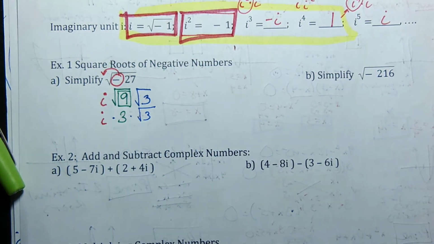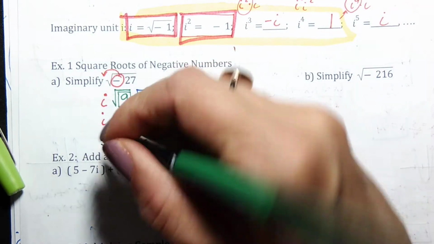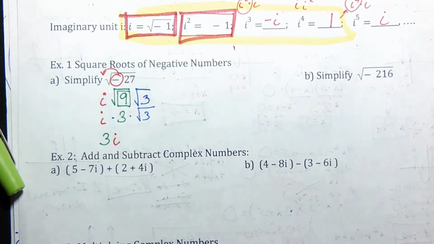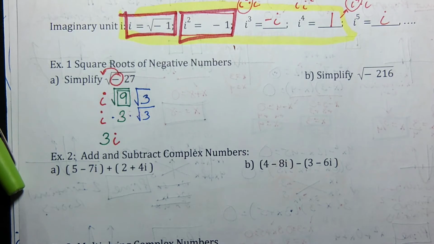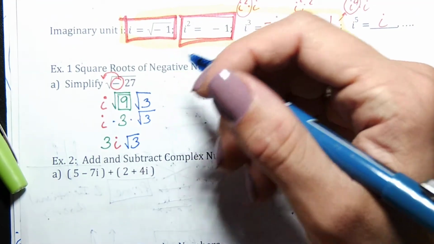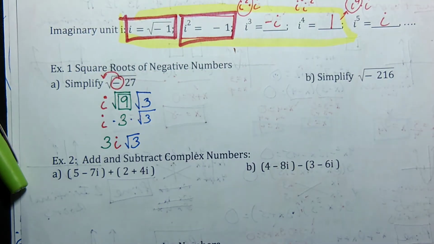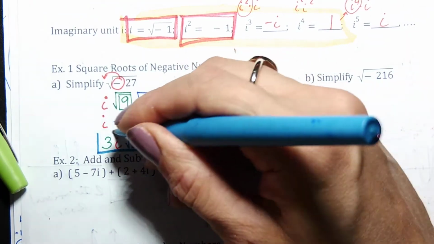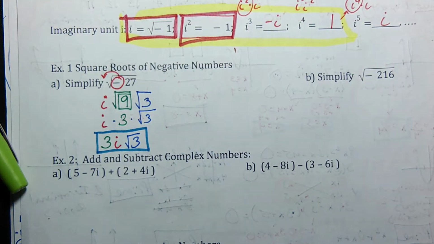So to write it in appropriate mathematical form, we would want to put the coefficient first, so 3 first, then the imaginary unit i, kind of like we'd say 3x, and then the radical, the square root, at the end. So 3i radical 3, and that would be our final answer. So that is how we simplify these imaginary roots.